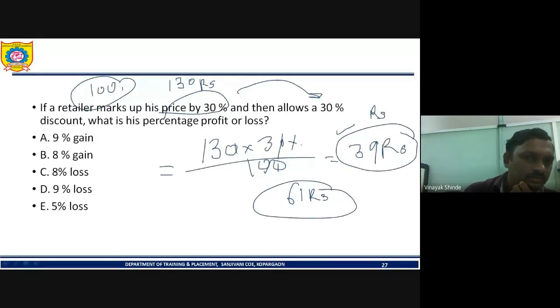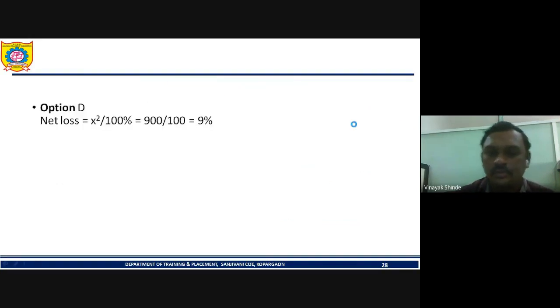So what is the actual loss? He is selling a 100 rupee article for 61. Loss is 39 rupees. And percentage loss is 39 by 100 into 100, that is, 39 divided by cost price. So don't go into that one. Just write down x square by 100.